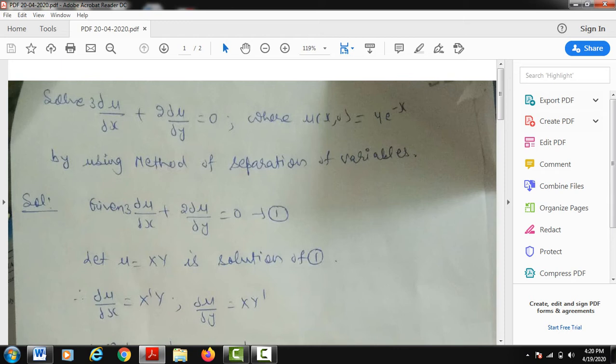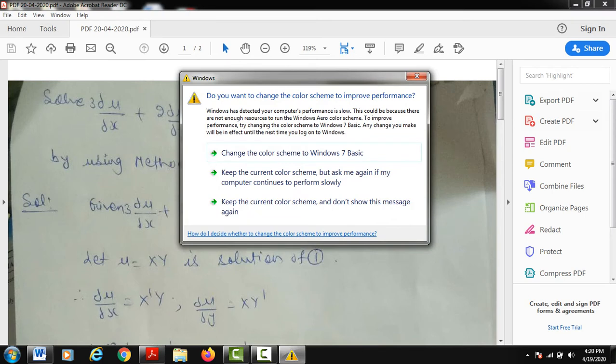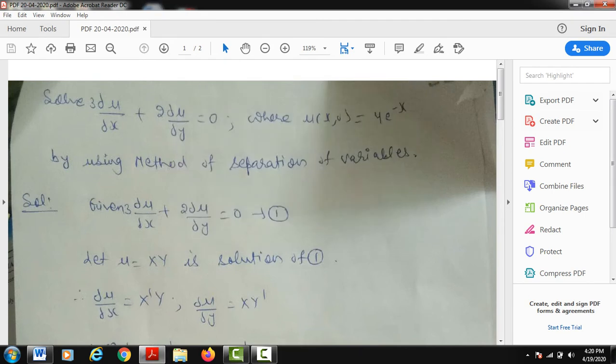The solution we consider in three cases: whether the constant is 0, positive, or negative, and we conclude the solution which matches the physical nature of the problem. We have seen in all derivations the solution is valid when k is negative. That is, when k is less than 0, usually we take k equal to minus b square, where b is non-zero.